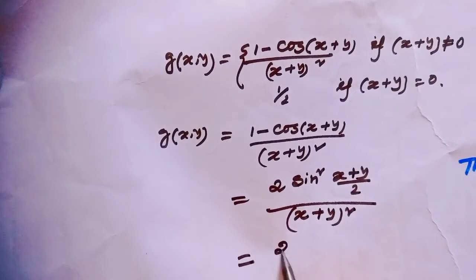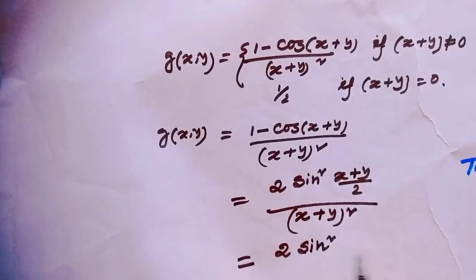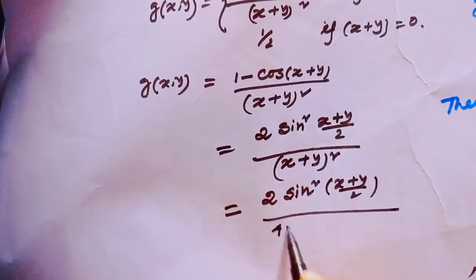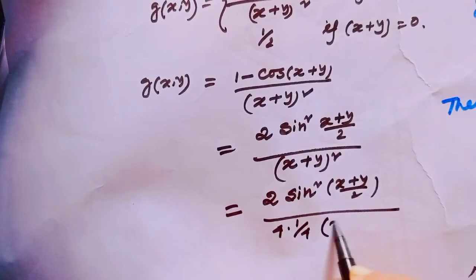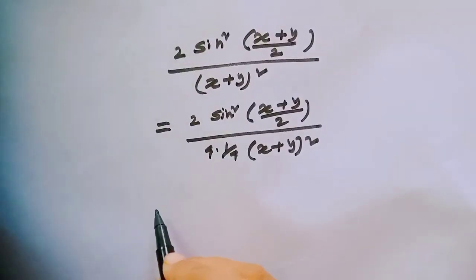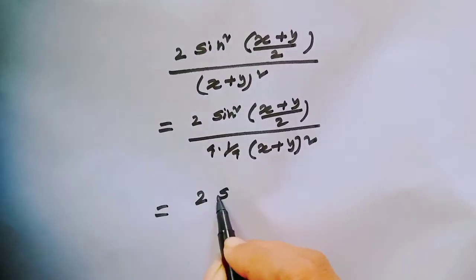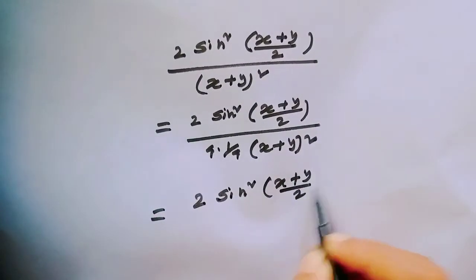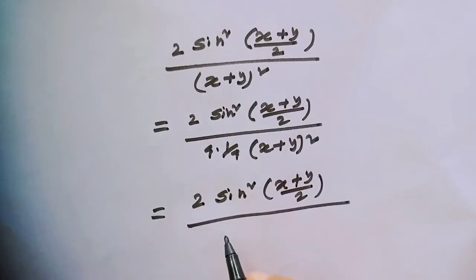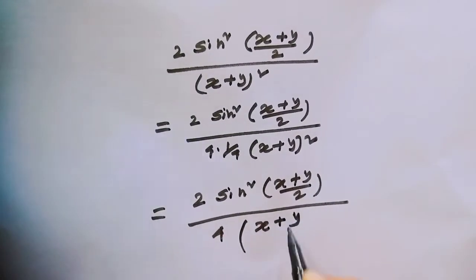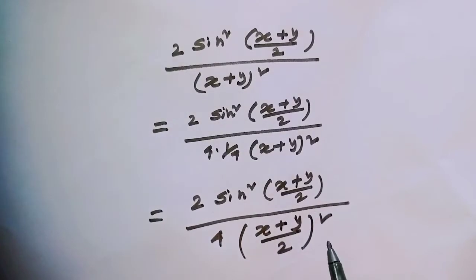Now, 2 sin square of (x plus y over 2), we can also write with 4 times (1 over 4) of (x plus y) whole square, which we can write as 2 sin square (x plus y over 2) over 4 times (x plus y over 2) whole square.